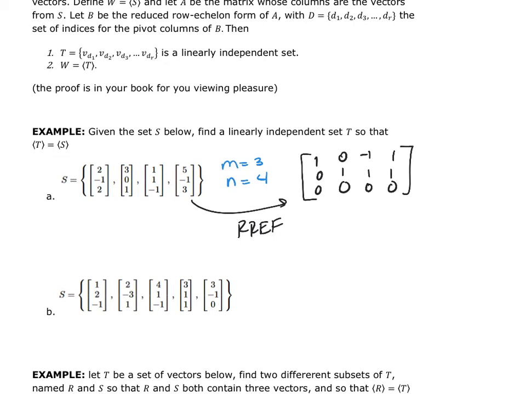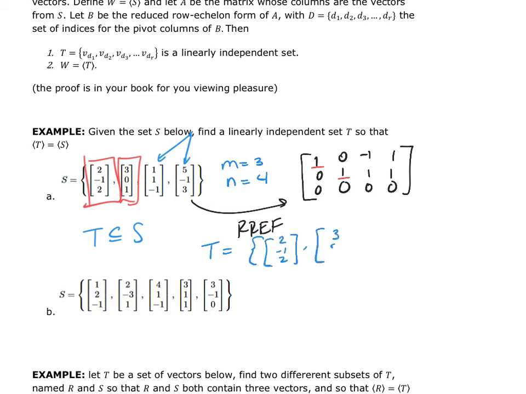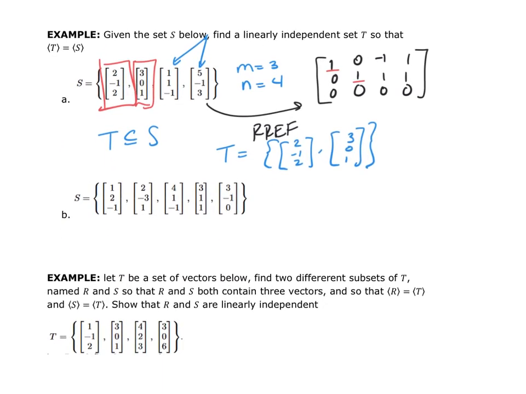So my pivots are in column 1 and column 2. So this one and this one are my subset that are linearly independent, and those two will generate these other two vectors. So my T, which is going to be a subset of S, will be the vectors 2, negative 1, 2, and 3, 0, 1.